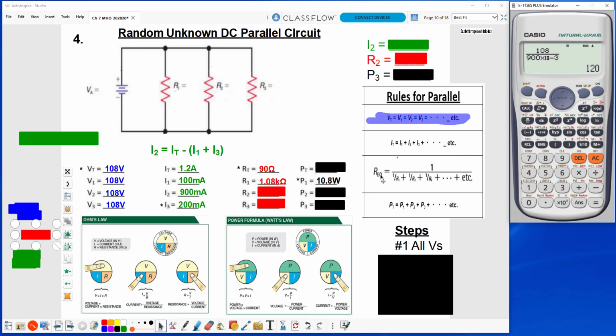It equals 120 ohms. And the next one, I take the 108 divided by 200 milliamps. So let's change this 900 to a 200. And that's 540 ohms.